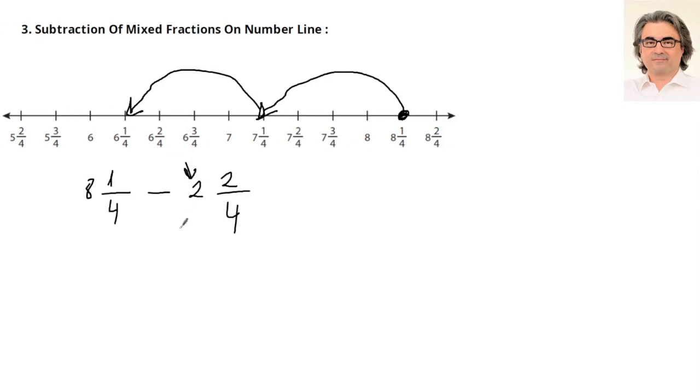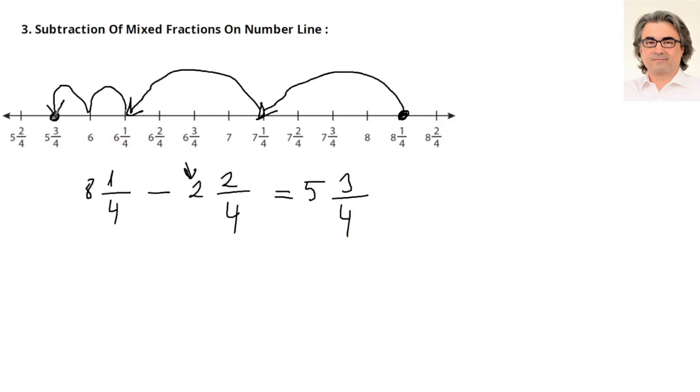The whole number of this mixed fraction is 2. After that, I should go 2 over 4. It means 1 and 2. I reached this point. The final point is the result, 5 and 3 over 4.